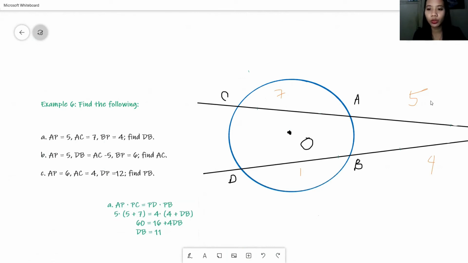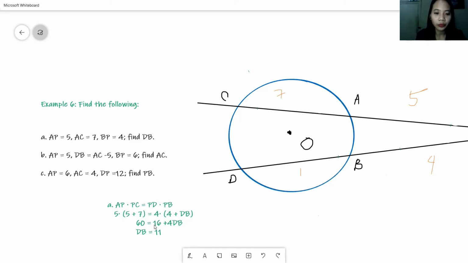Since line PC is the value of AP plus the value of AC, which is 5 plus 7, it is equal to the value of PD, which is 4, times 4 plus DB, which is unknown. So, 5 plus 7, we are using the PEMDAS method. So 5 plus 7 is 12. Then 12 times 5 is equal to 60.